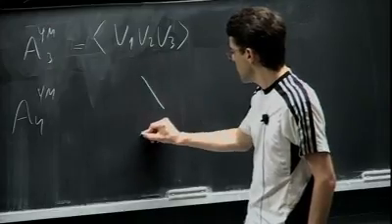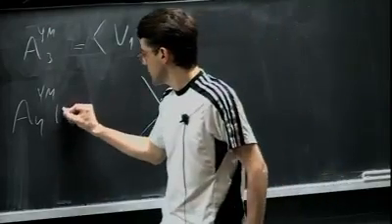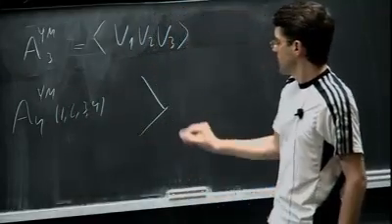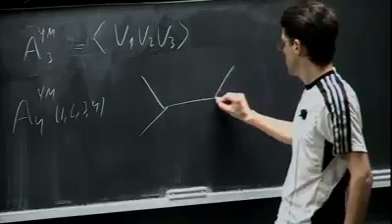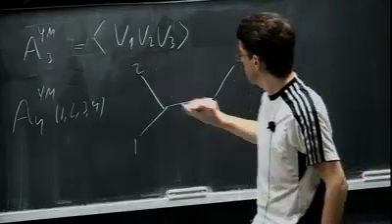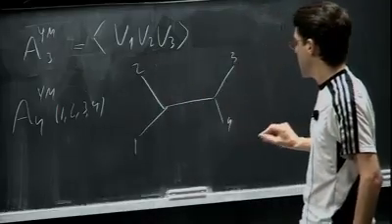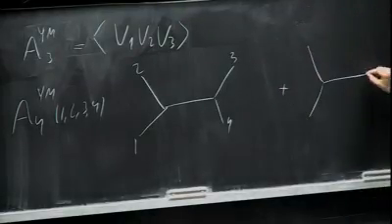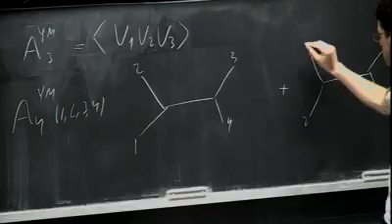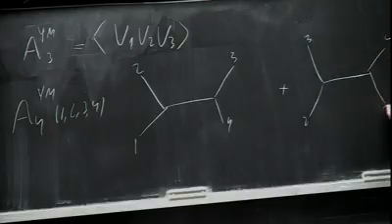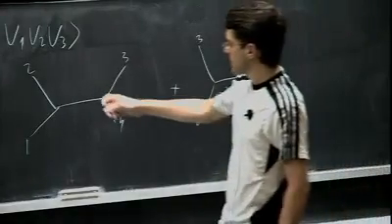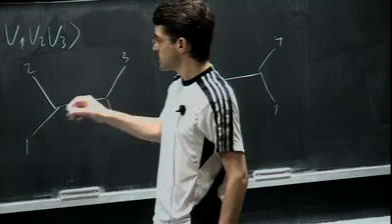The 4-point amplitude in the color ordering 1, 2, 3, 4 has two cubic graphs. It's that one and this one, 2, 3, 4, 1. Okay, so let's try to construct something.